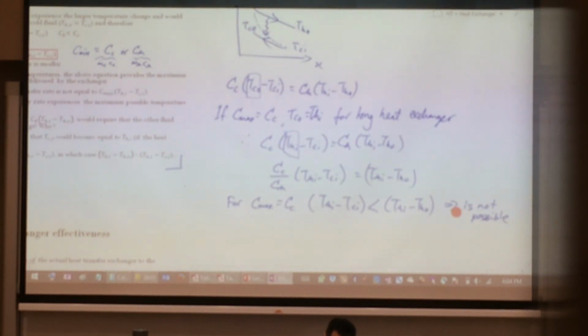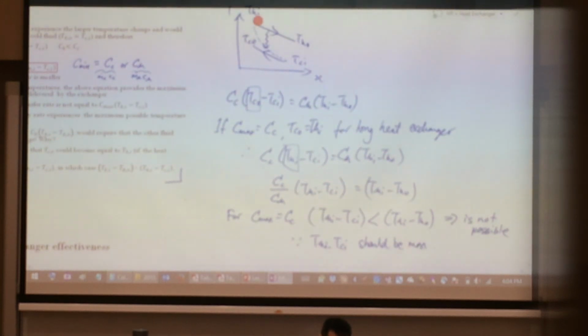Why is this not possible? Because your Thi minus Tci should be your maximum value. Where is it in your graph? Thi minus Tci should be your large value. But how could it be smaller?